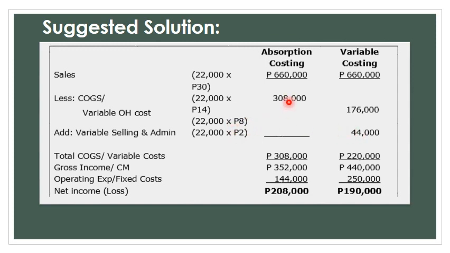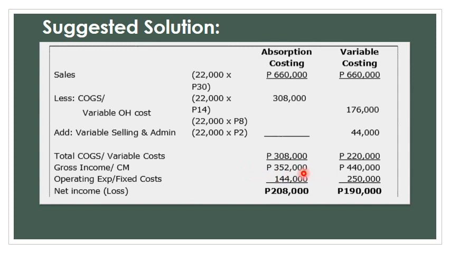Okay. So, now, we have total cost of goods sold under absorption costing 308,000 and total variable cost of 220,000. And then, we now can get the total gross income and contribution margin. So, we have 352,000 under absorption costing.